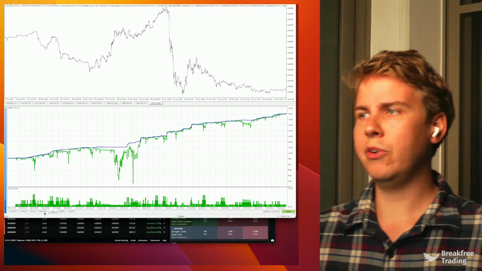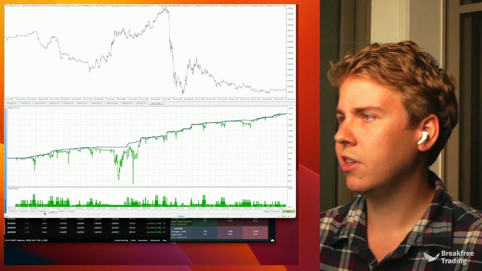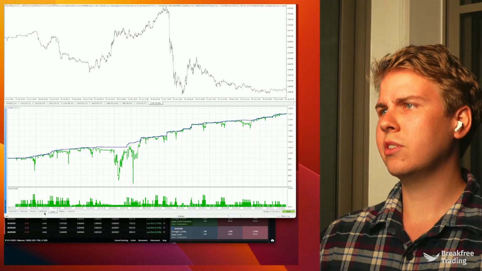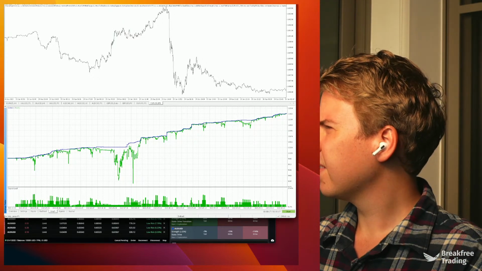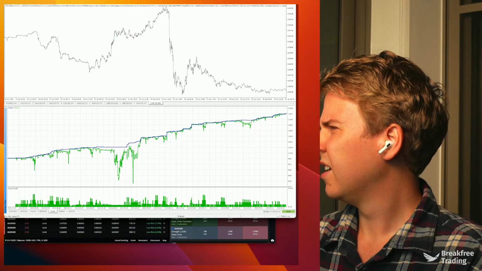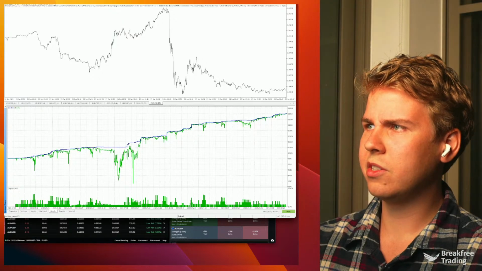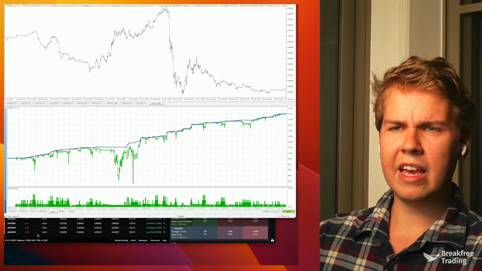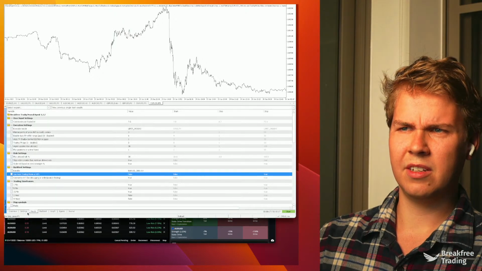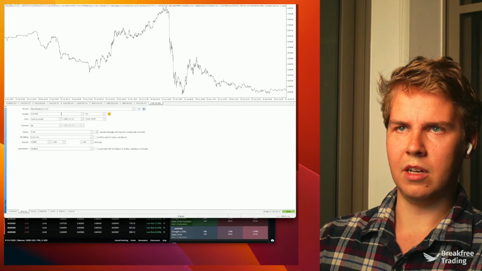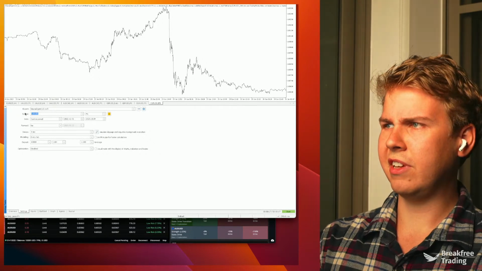So let's move on. Euro USD good, GBP USD good, XAU USD good. What else do we have? AUD New Zealand dollar. I think AUD New Zealand dollar doesn't really trade much. Let's have a look at it. I don't have a long backtest of AUD New Zealand dollar.